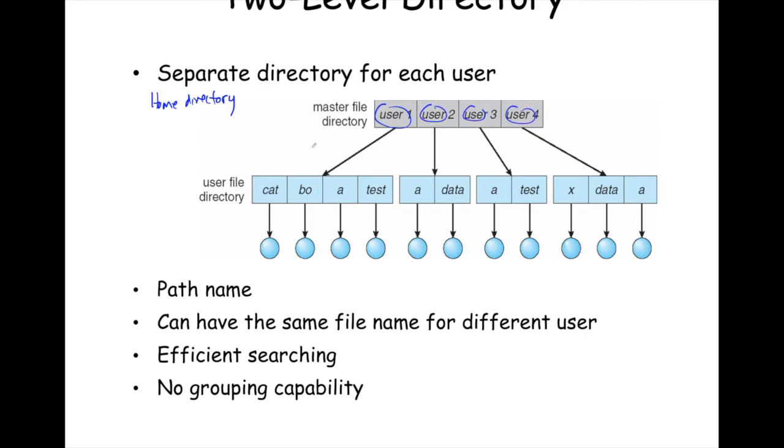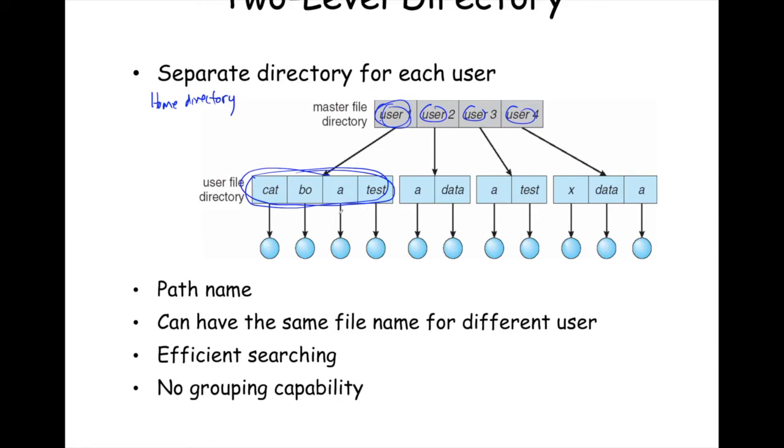So then every subdirectory that you have is just another on-disk data structure, which is another index that is found in that area of the disk corresponding to that master directory entry called user 1. And so in user 1, that's going to be a directory entry, and it's going to point to a block on disk that has another directory index, which is going to have arbitrary data files associated with the names underneath there.